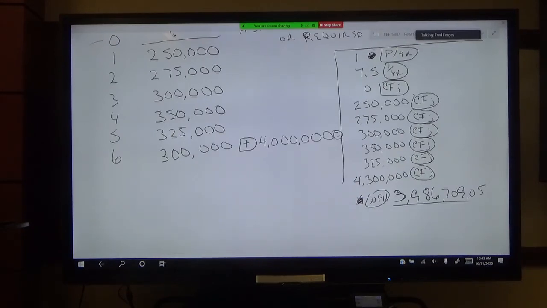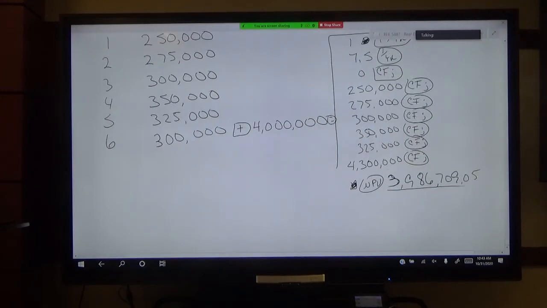Now, just for fun, put in 0 as the interest rate, and then resolve for net present value. And you get 5.8 million. Now, all that number represents is simply adding all of the cash flows, including the sale price, together.